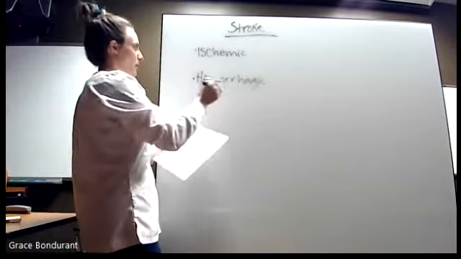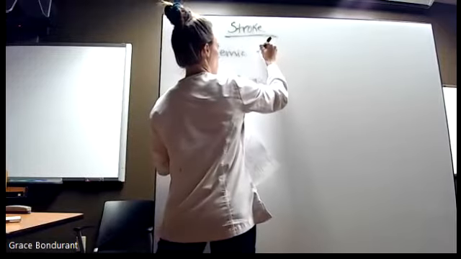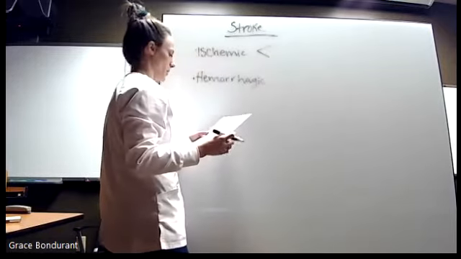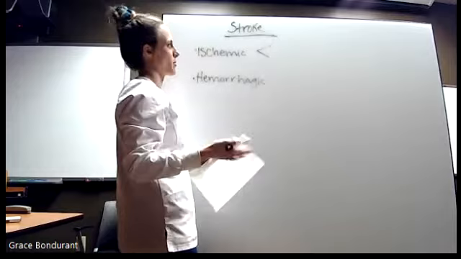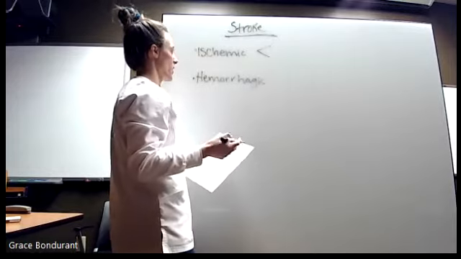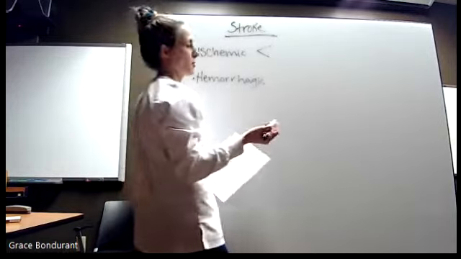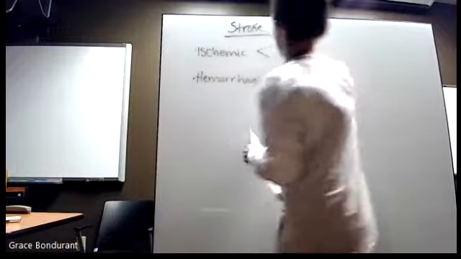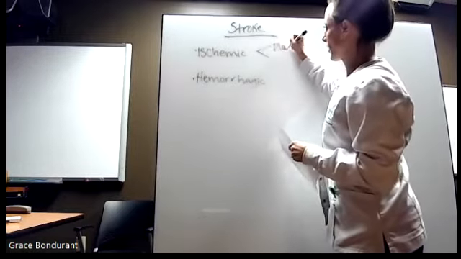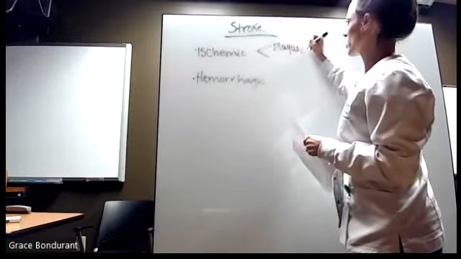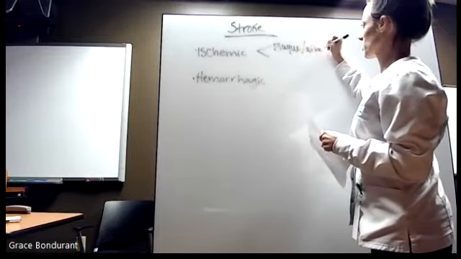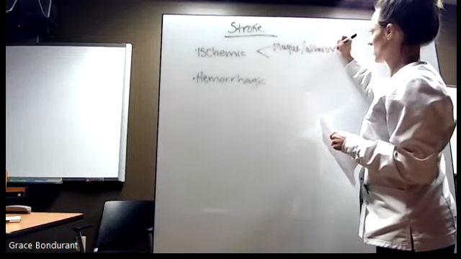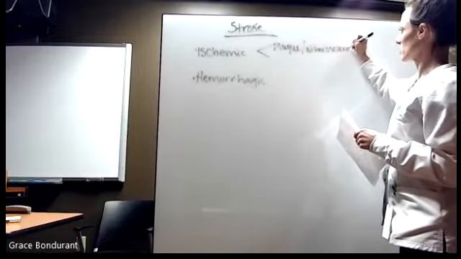So within ischemic, there can be two different causes. It can be from a buildup of plaque, like atherosclerosis, which is a hardening of the arteries. When something is sclerosed, it's hardened.